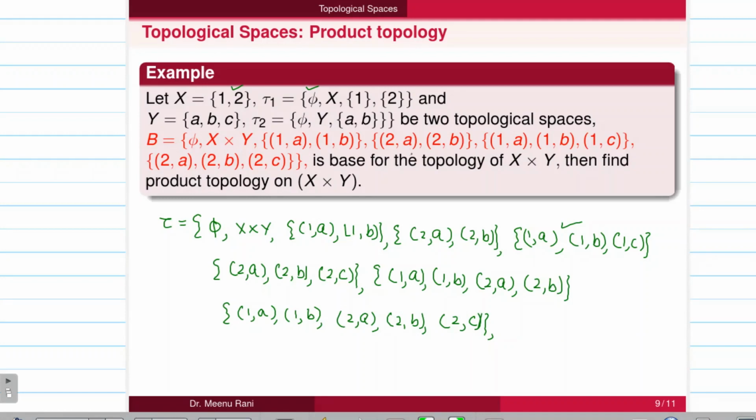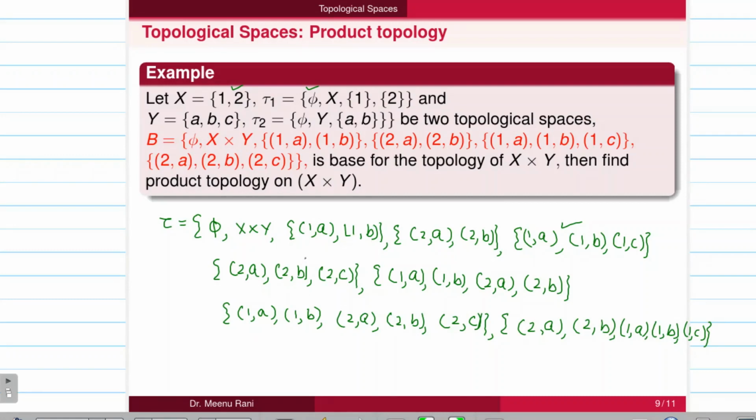Now take union of 2A, 2B with 1A, 1B, 1C. We get 2A, 2B, 1A, 1B, 1C. Now take union of 2A, 2B with 2A, 2B, 2C.